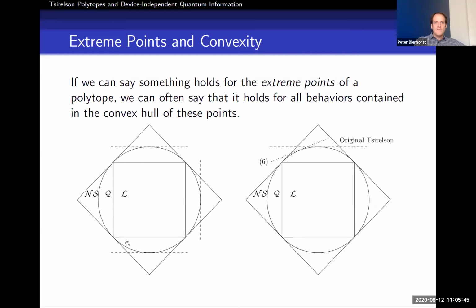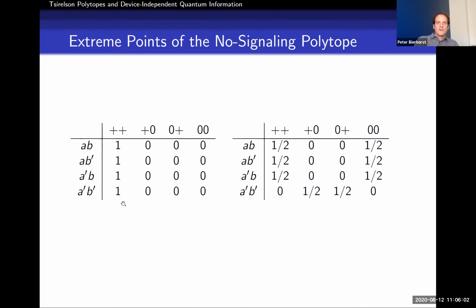And so we've contained the quantum set within this no signaling set that was defined by these conditions that a certain collection of Bob's probabilities have to be independent of Alice's setting choice. And here are some of the extreme points of the no signaling polytope. These are behaviors that are no signaling.